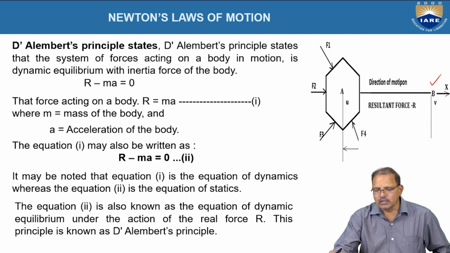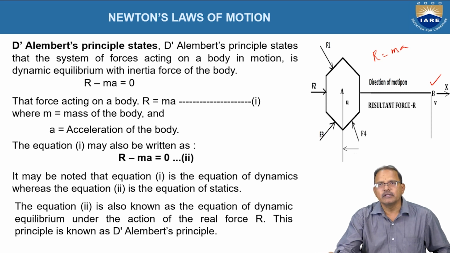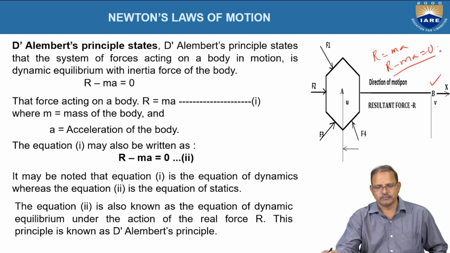So it can be represented as R is equal to M into A, where R stands for the resultant of F1, F2, F3 and F4, M is the mass of the body, and A is the acceleration with which the body is moving in the direction of X. So this equation can be modified as R minus MA is equal to 0.